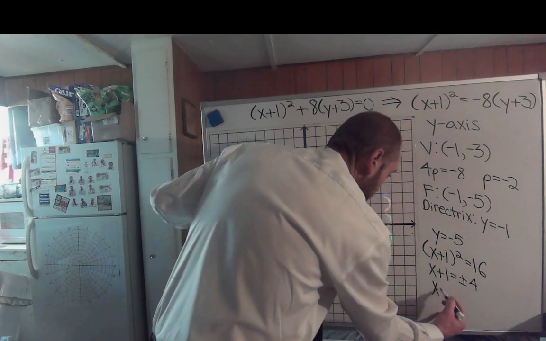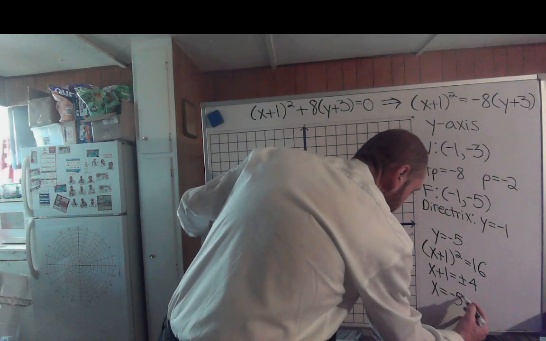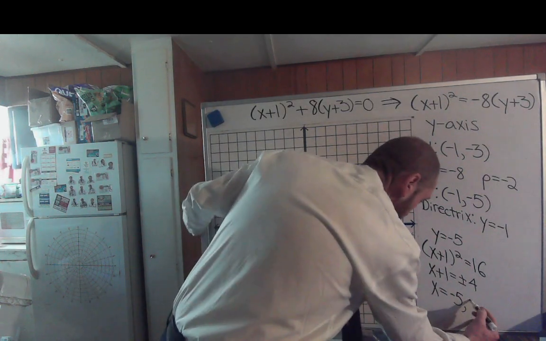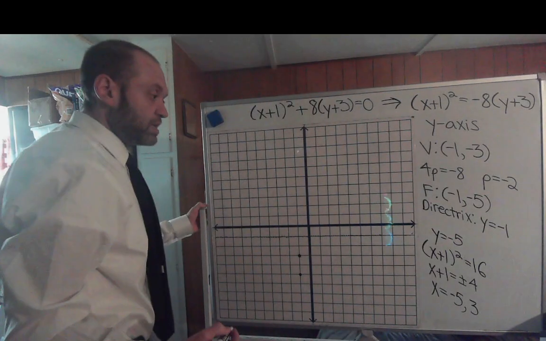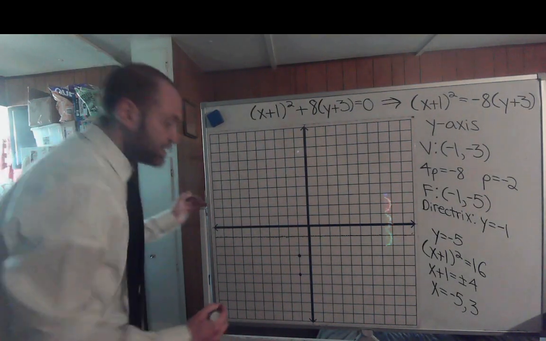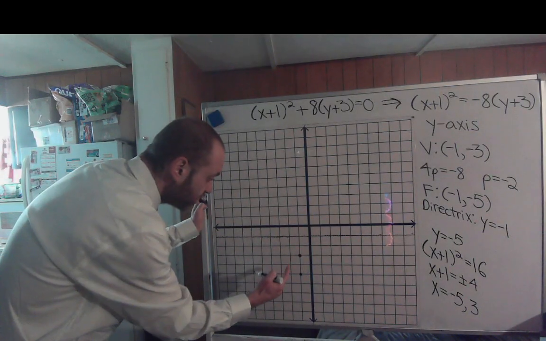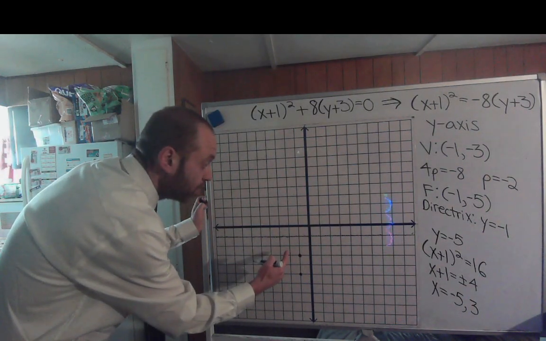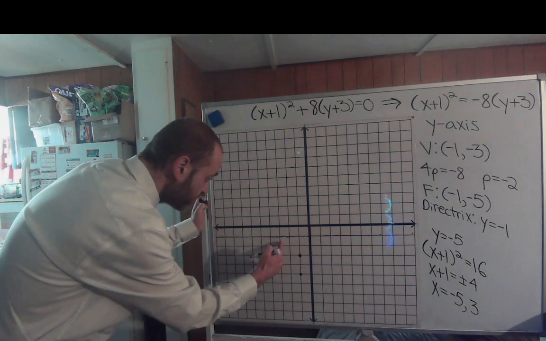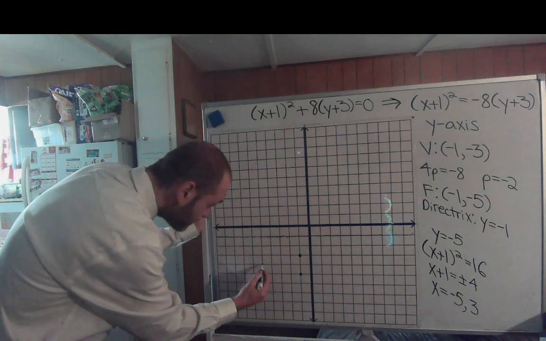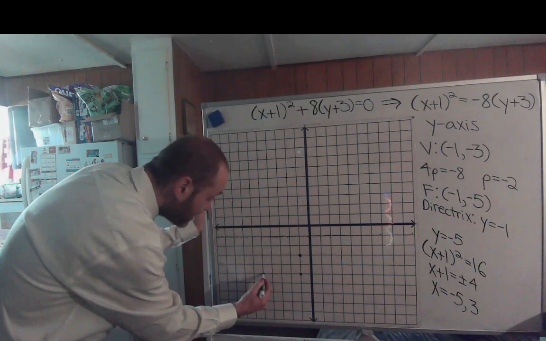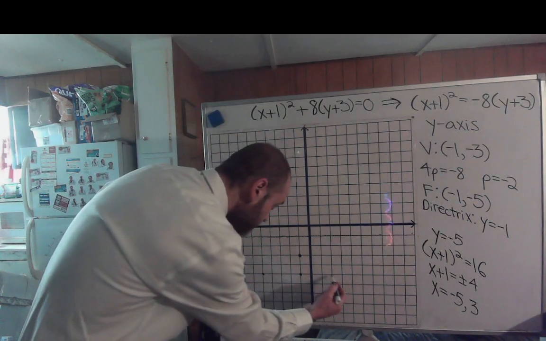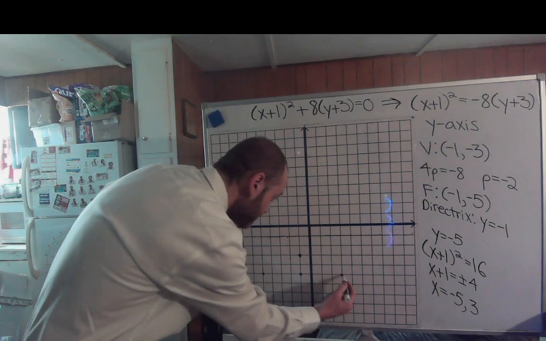I'll get x coordinates of, let's see, -1 minus 4 is -5, and -1 plus 4 is 3. So I would have coordinates of -5, -5. So let's see, 2, 3, 4, 5. There's -5, -5, and then over here is going to be 3, -5.